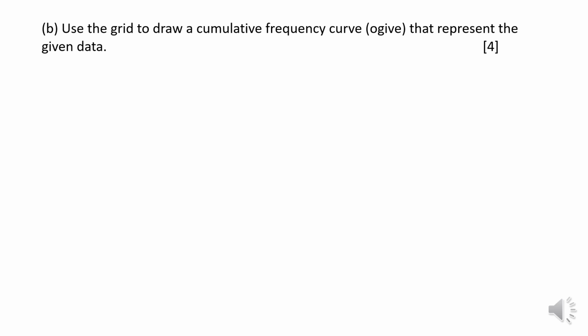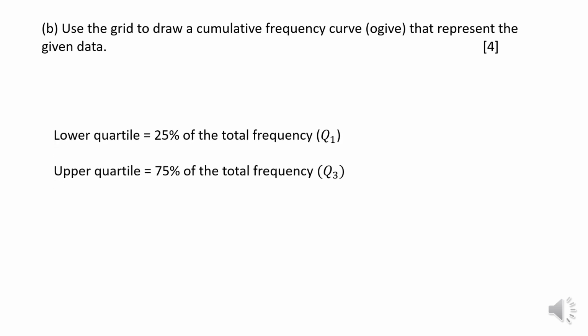Before I show you the curve, I want to explain what is meant by lower quartile and upper quartile. Lower quartile represents 25% of the total frequency, and the upper quartile, the third quarter or 3/4, represents 75% of the total frequency. So when you are asked to find a lower quartile, there will be a way for you to find 25% of the frequency of the data you are evaluating, and then you read off on the given axes.